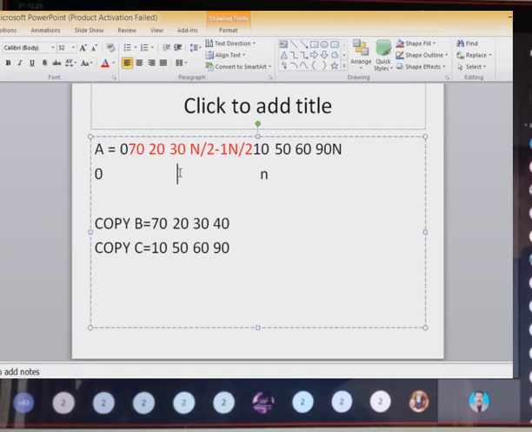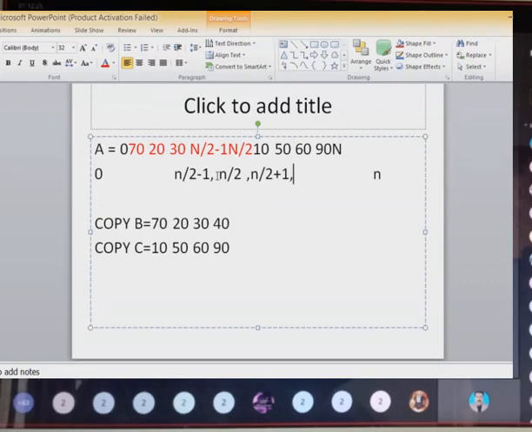Now, the middle element is n divided by 2. So the previous element is n by 2 minus 1. What is the next element? n by 2 plus 1. Okay, clear, everyone?